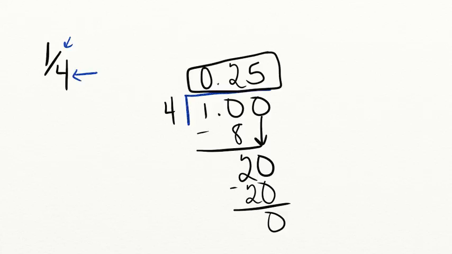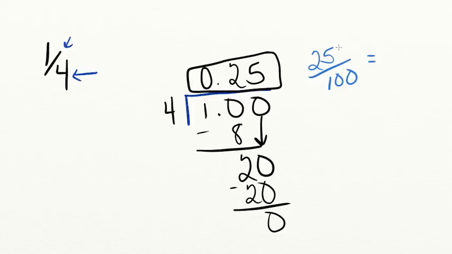Let's go ahead and check our work, changing this decimal back into a fraction. So we know 25 hundredths written as a decimal can also be written as 25 hundredths as a fraction, and we saw that on the previous screen with our 100ths block. So let's simplify 25 hundredths and see if we can simplify it back into 1/4.